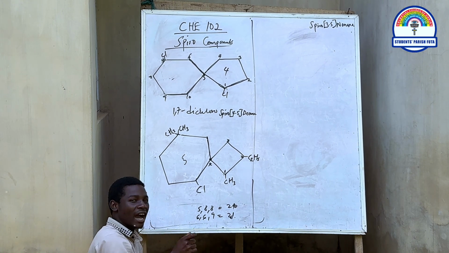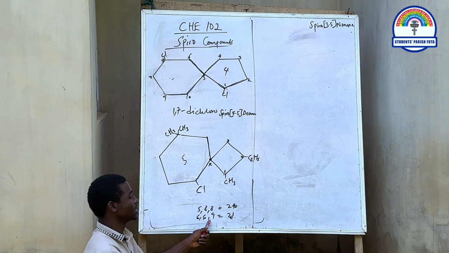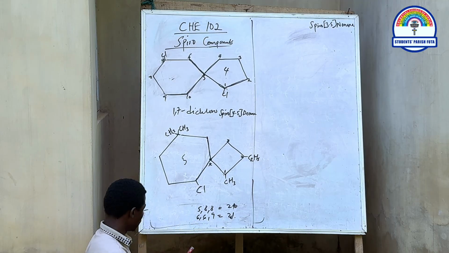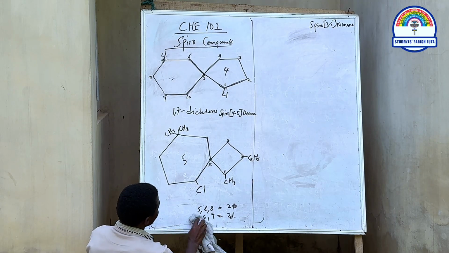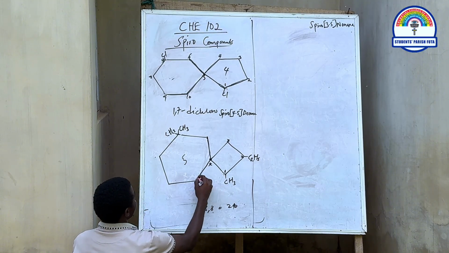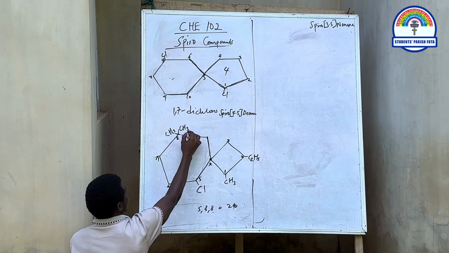If I arrange them, you have 1, 6, 9, and 1 wins over 5. So I'm going with 5, 8, 8, and making this 5, 6, 7, 8, 9.